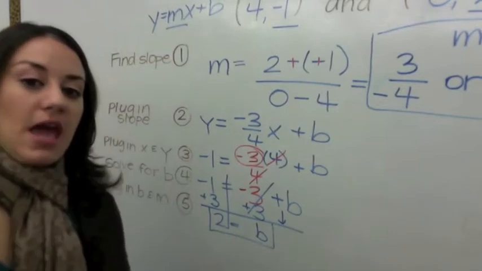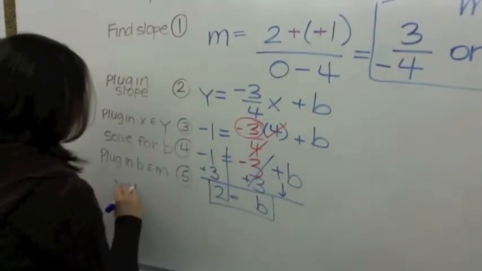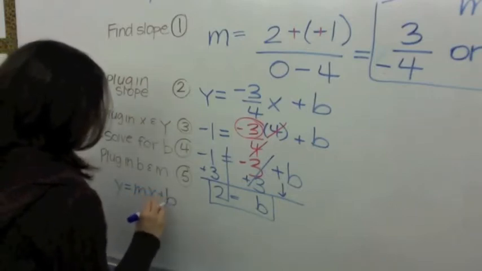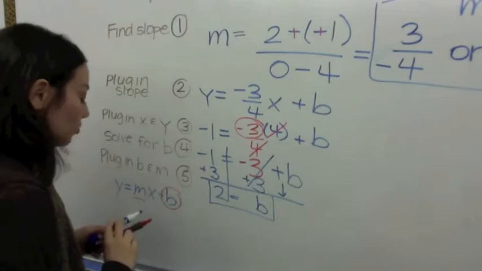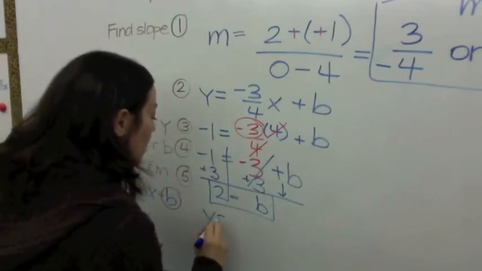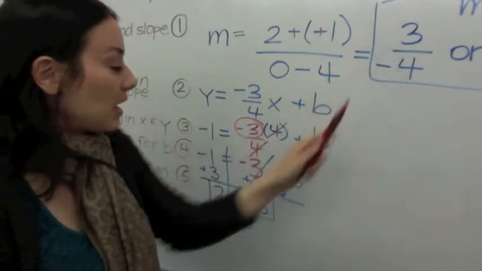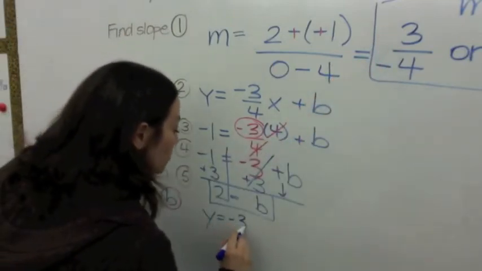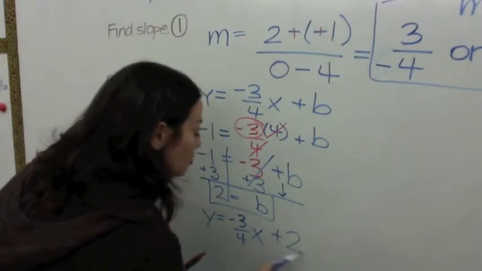So we'll say, okay, if y equals mx plus b, then m and b I need to put into the equation to graph my line. So y equals, m is 3 over negative 4, or negative 3/4, x, and then b is 2, so we're going to add 2.